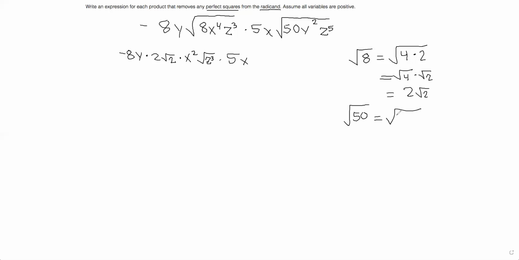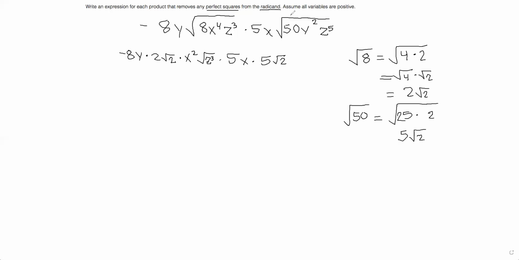So I'm going to rewrite square root of 50 as square root of the quantity 25 times 2. And then we're going to do something similar to what we did above. Square root of 25 is 5. 2 gets its own radical. So then this is the fully simplified radical form of square root of 50. So I'm going to replace square root of 50 with 5 times square root of 2.